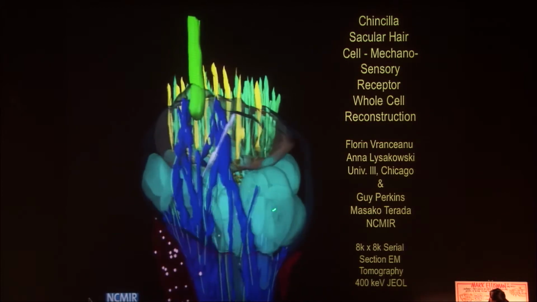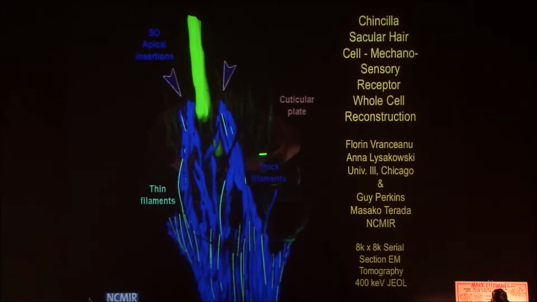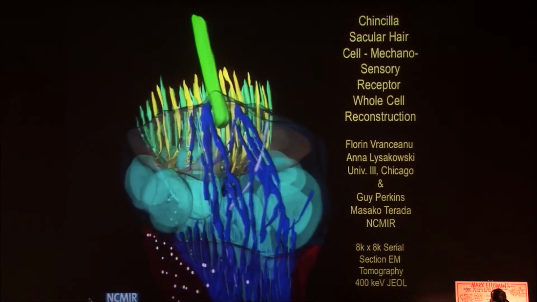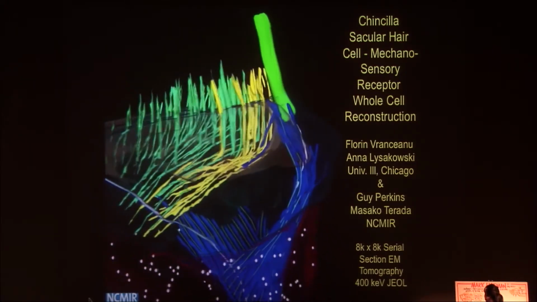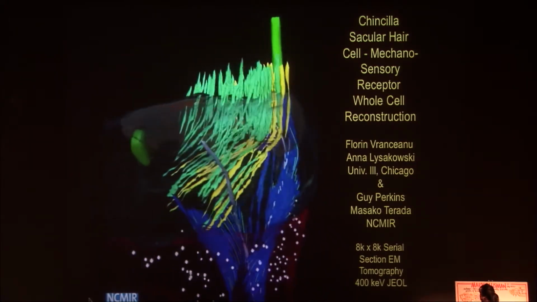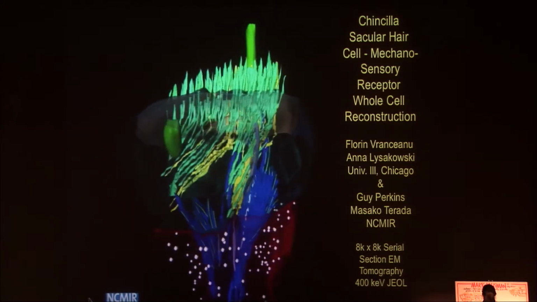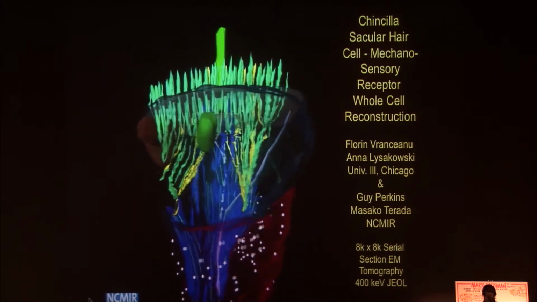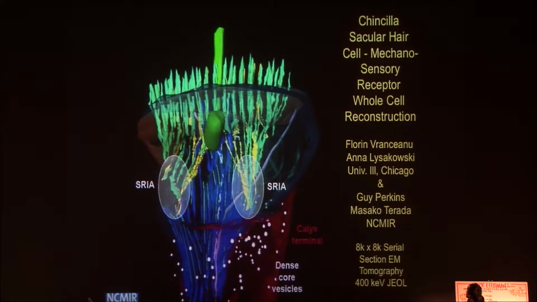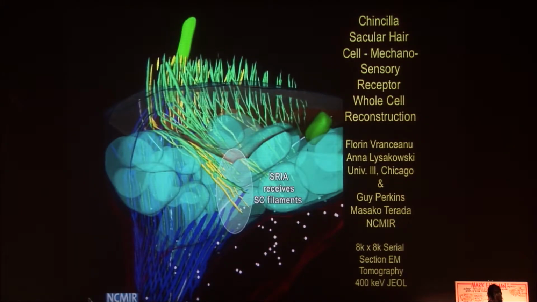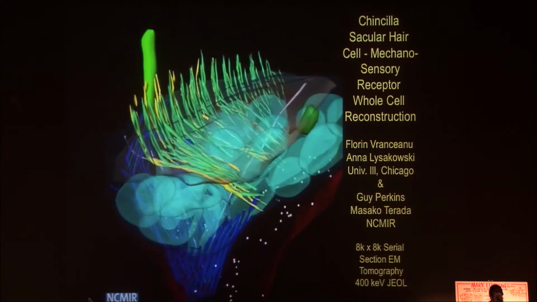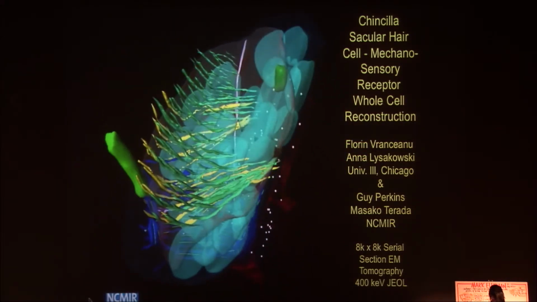So whatever's going on in this cell, we presume that most of the energy's got to be up here, but the transmitter release happens at the other end, and that's energy requiring, so there's all kinds of modeling to do on this. So now the paper's published on this just this year in PNAS. So the model is available and people can pick it up and do whatever they want with it. Switch these surfaces to finite elements, do the mechanical modeling, and so on.